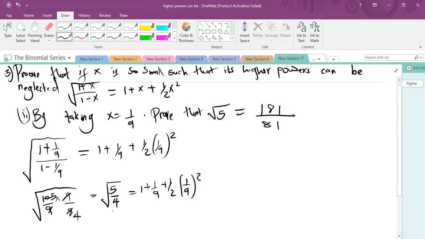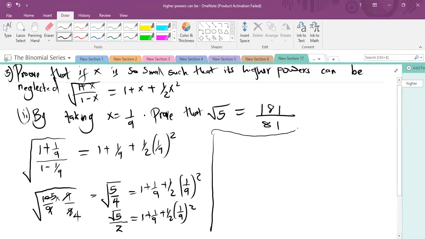Now, I can simplify this as root 5 over root 4, but root 4 is 2, so I can just write this as 2 equal to this other side, 1 plus 1 over 9 plus a half 1 over 9 squared. Now, remember, this question is telling us that if we let x be 1 over 9, we prove that root 5 is equal to this. Now, we can make root 5 the subject of our formula here. So what is root 5?